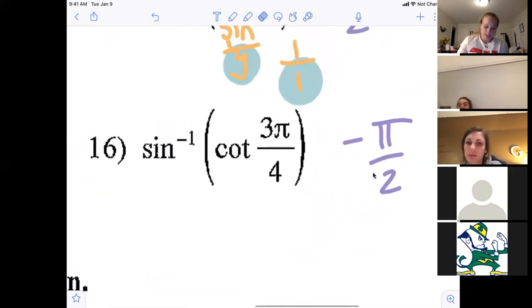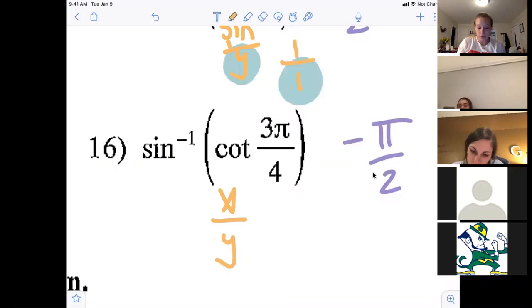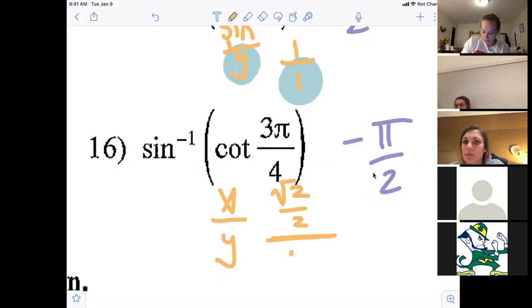So number 16 says cotangent of 3 pi over 4. So cotangent is x over y. So we need to go to 3 pi over 4 and find out what my x is and what my y is. I believe that's one of the 45-degree angles. So I think it's at root 2 over 2 over root 2 over 2.